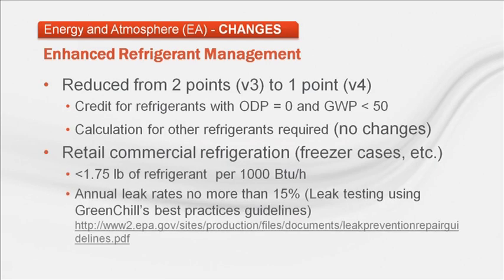Also, LEED V3 presented some issues for retail commercial refrigeration compliance. For example, for grocery or convenience stores with refrigeration cases. So V4 allows present freezer case refrigerants to be used as long as the refrigerant charge is no more than that shown on the slide and the store-wide annual refrigerant emissions are less than 15%.